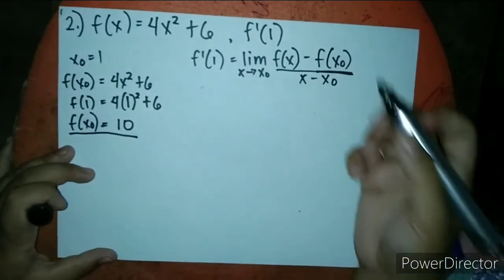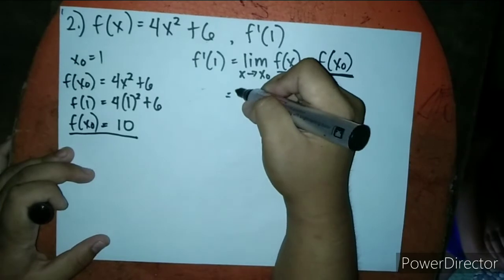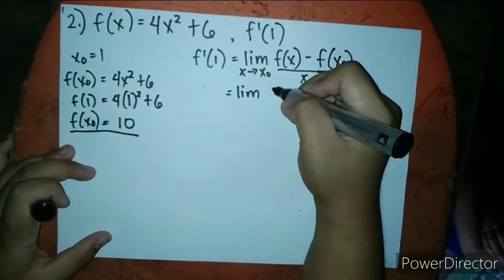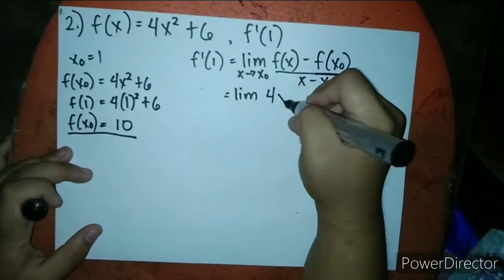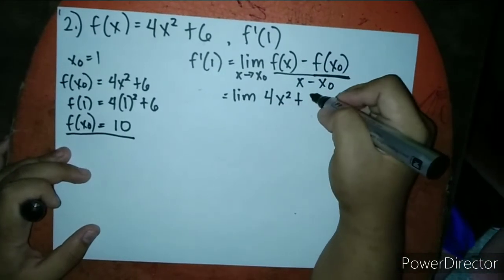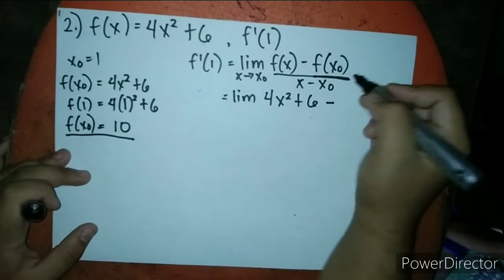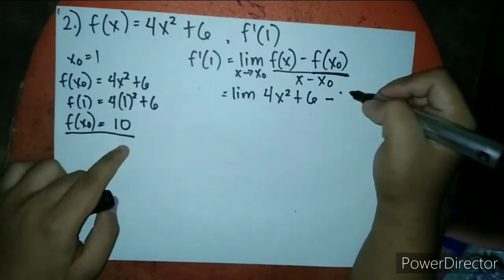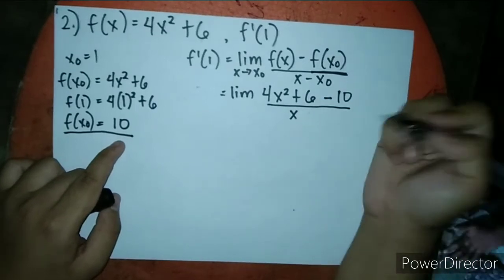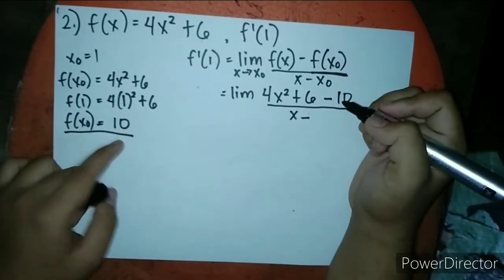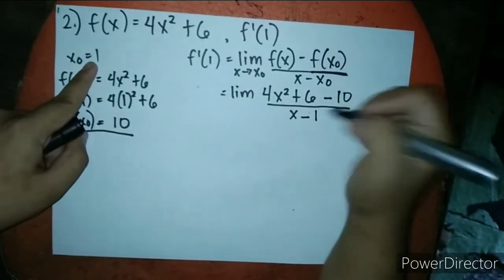So, let's compute. Equals to the limit of, f of x natin, 4x squared plus 6 minus f of x sub 0 natin ay ito, 10 over x minus ang x sub 0 natin ay 1.